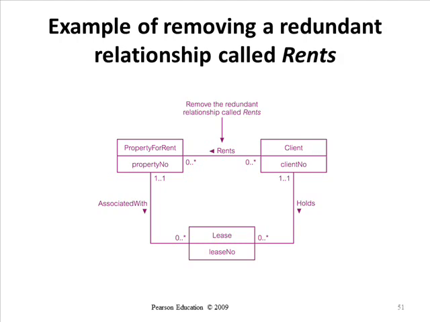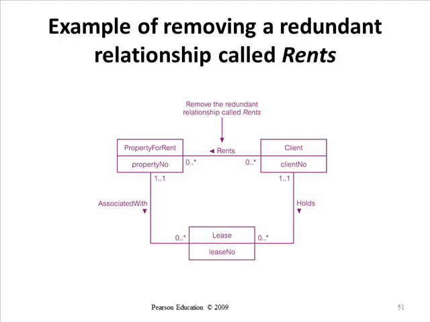So there are 2 ways to do it, and in this case they look redundant. We can consider that the relationship between client and property for rent is not important, so we can remove it. Between a client and property for rent, we need to know what information about the lease.